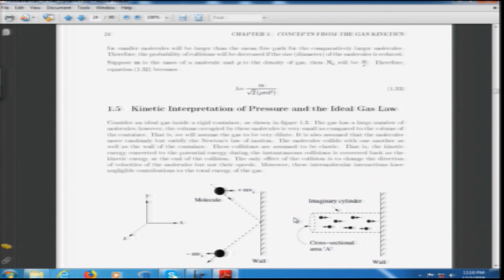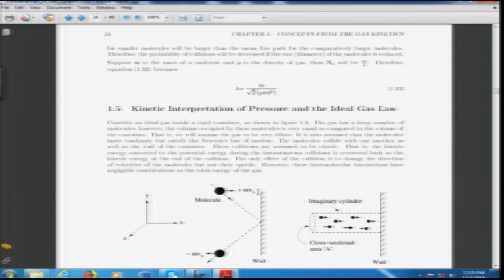Now, we are interested in a molecule having total velocity v, whose x component is vx. Hence, the linear momentum in the positive x direction is plus mvx.